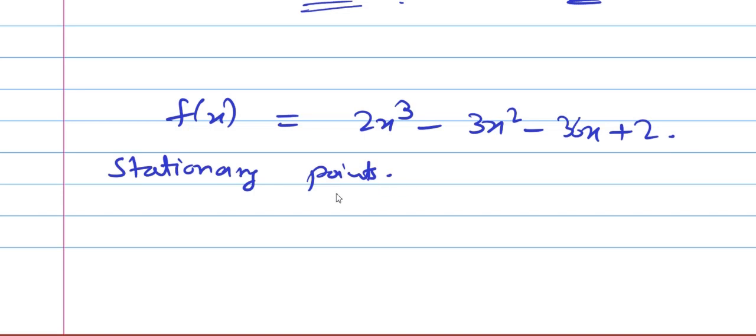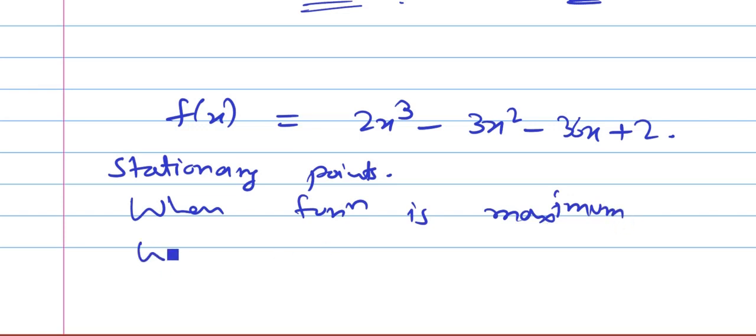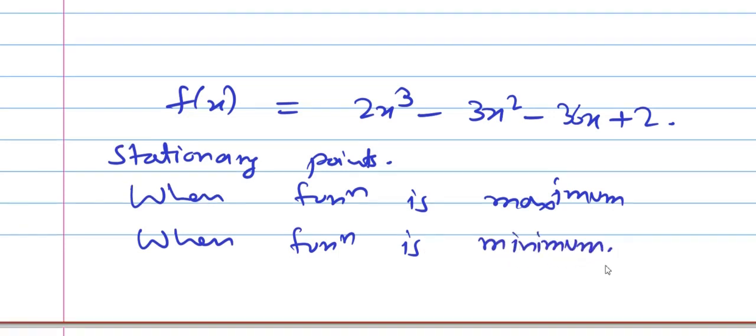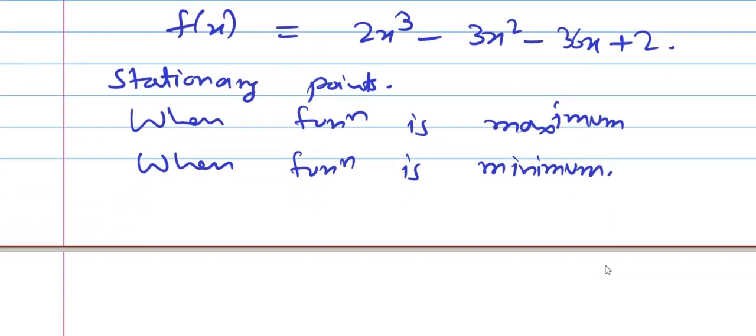You also have to tell when the function is maximum and when the function is minimum: at what value of x the function is maximum, and at what value of x the function is minimum. So f of x is 2x cube minus 3x square minus 36x plus 2.